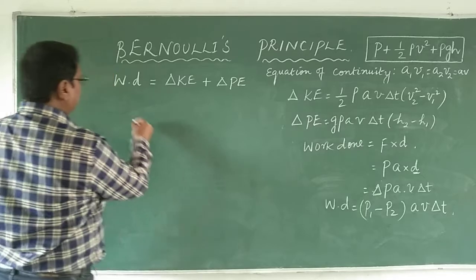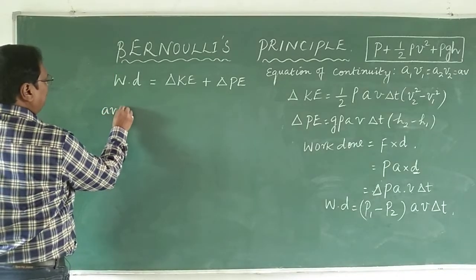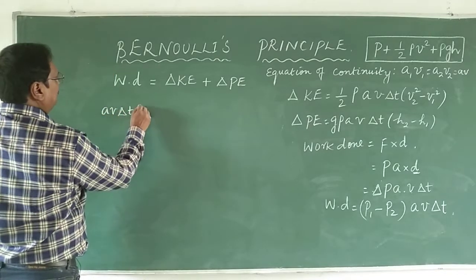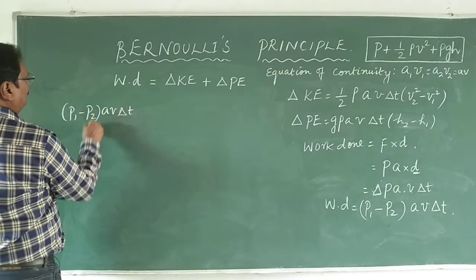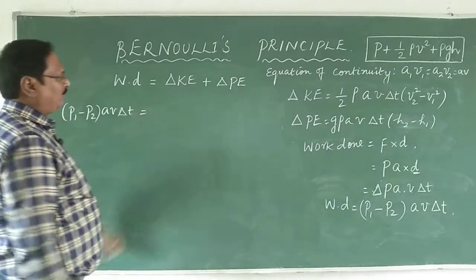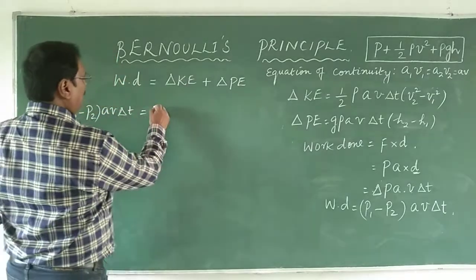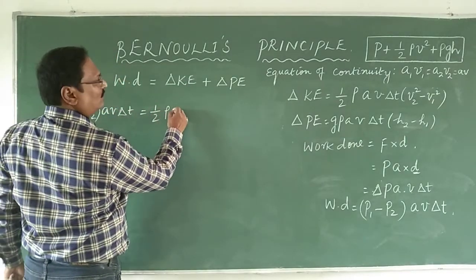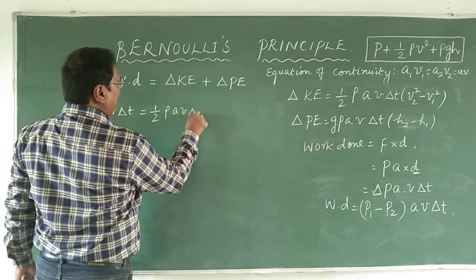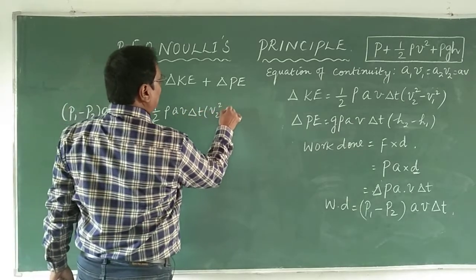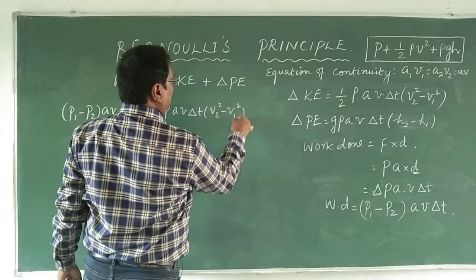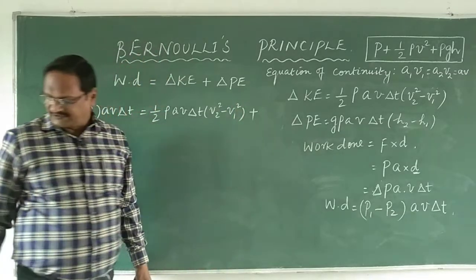Okay, that is AV delta T of P1 minus P2 is equal to kinetic energy half rho AV delta T of V2 square minus V1 square plus, right?